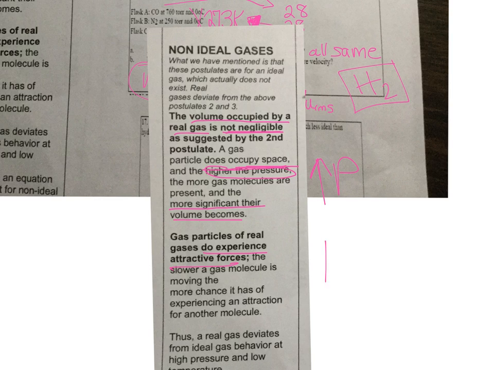Temperature, right? So if we have lower temperature, everything slows down. Again, things become more real. So thus, a real gas deviates from your ideal gas behavior at high pressure and low temperature, okay? We'll have an equation that corrects that, and that's called your van der Waals equation.